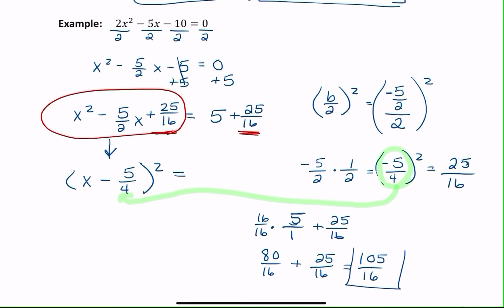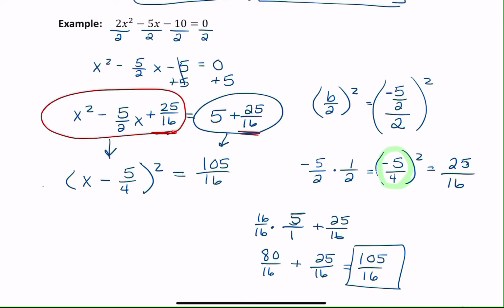I did this by hand, but most of y'all have a calculator. The simple scientific calculators will add fractions for you also. Let me erase this real quickly.